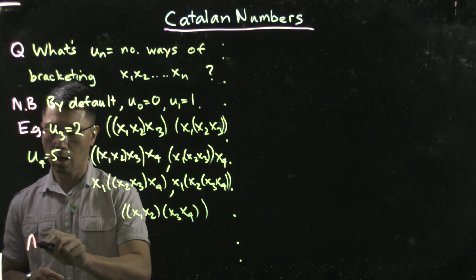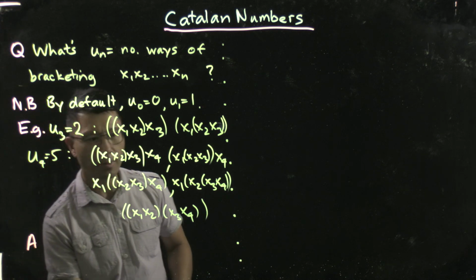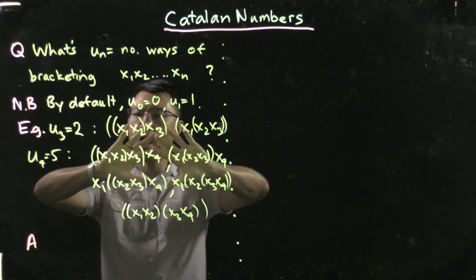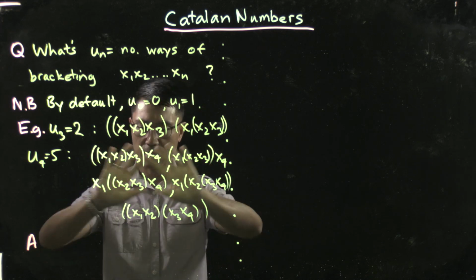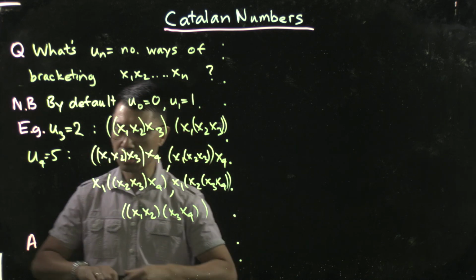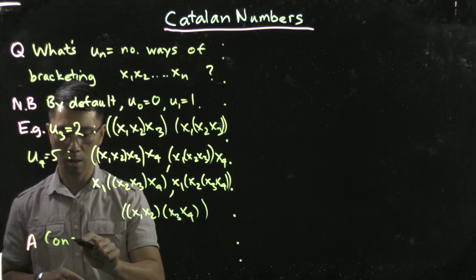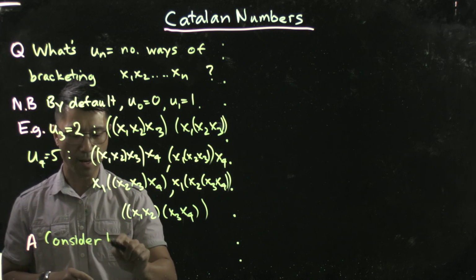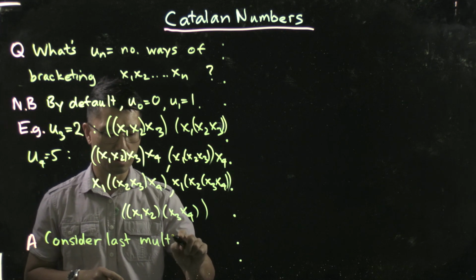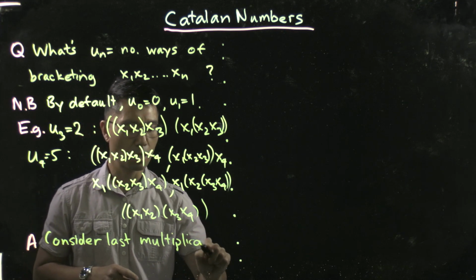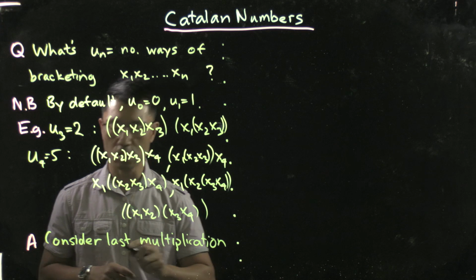The way I'll do it is similar to what I've done over here. How did I split up the possible ways of bracketing? We're going to consider the last multiplication. What's the last multiplication involved?